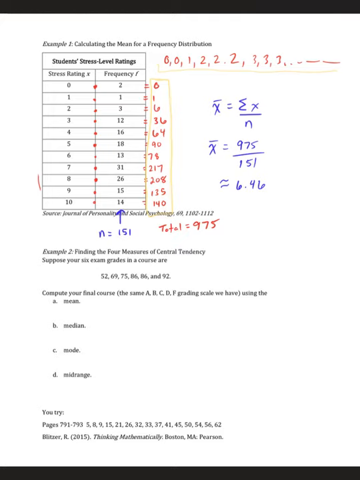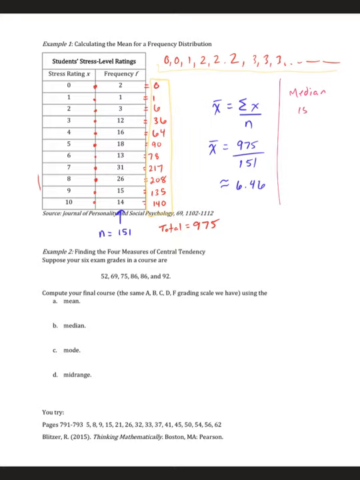Now, this one doesn't ask us to find anything else, but let's go ahead and work through the other parts here. So we already found the mean. Now, in this case, the data is ranged from smallest, which is up here, down to the largest. We want to find the middle value. Well, if there's 151 total items, let's just say median.